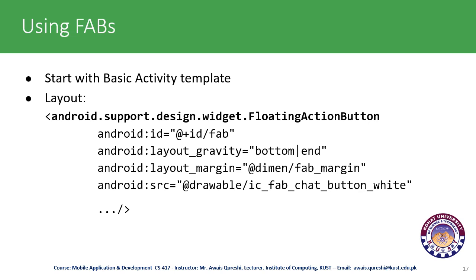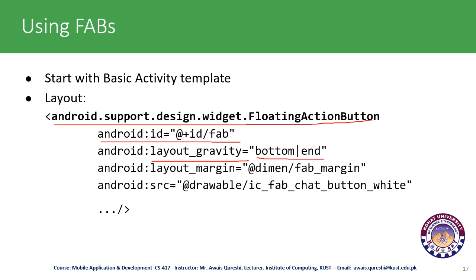So how can we include floating action buttons? First of all, we will add this property in our XML file, android.support.design.widget.FloatingActionButton, and these are the same properties you have seen before. This is the ID, then layout gravity is bottom end, this is the position of the button.